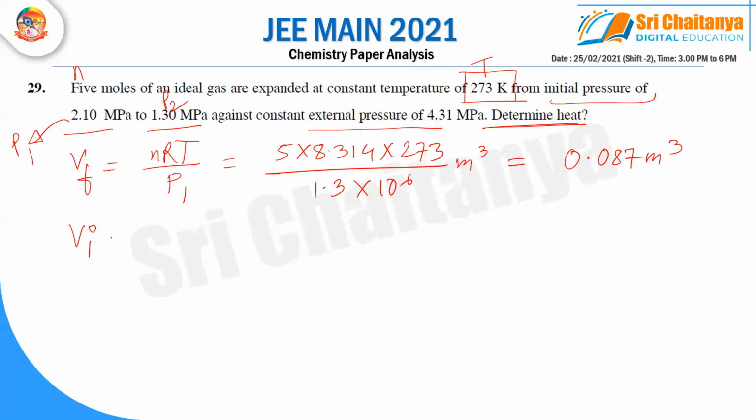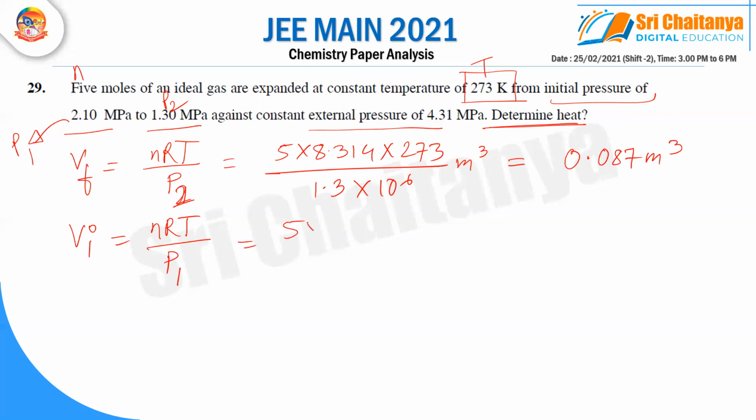Now similarly, we can find V initial, V final. Okay, let me do one thing. V final is the final volume. So in the final volume, this is P2. So here we will be using P1.